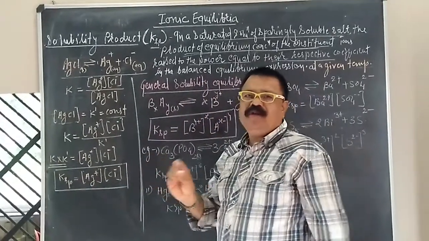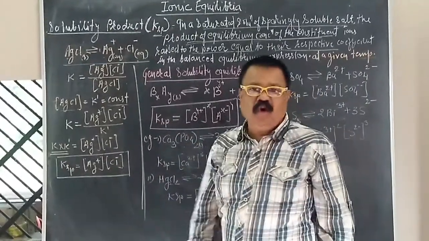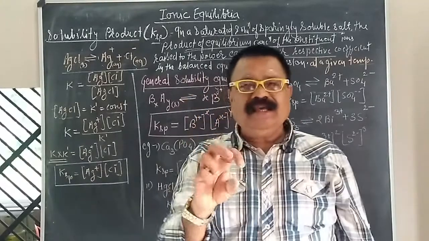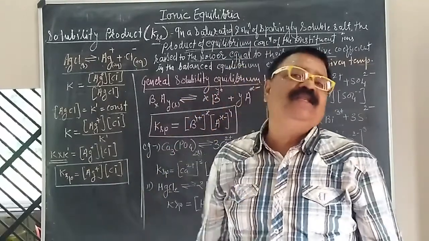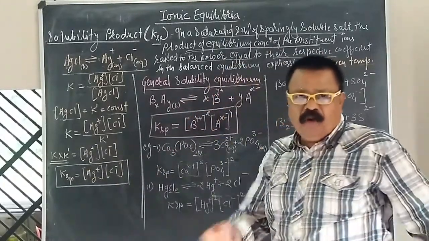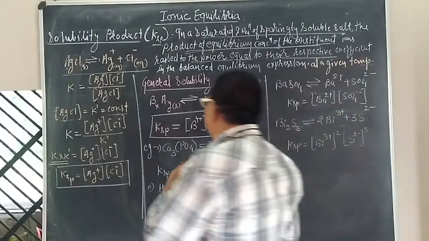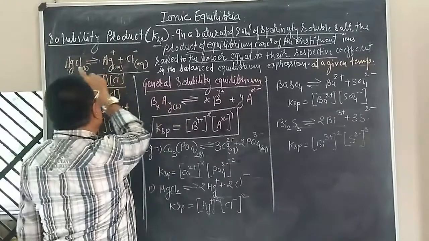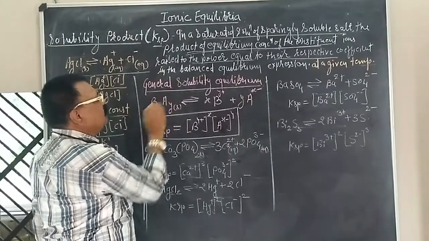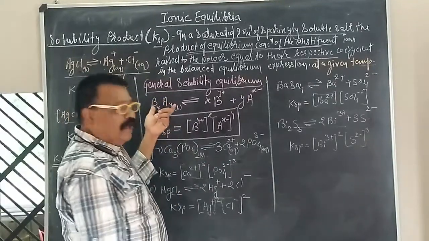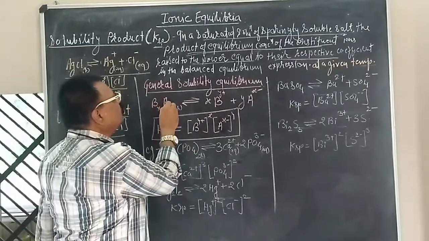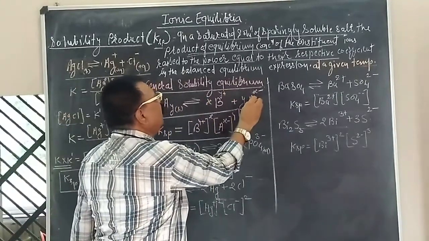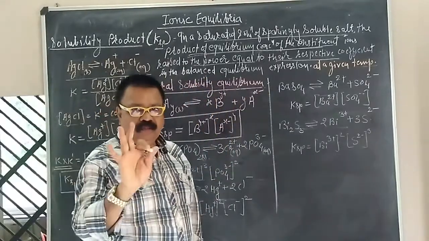Now let us look at the generalized form, because the definition given is related to the generalized form. See, if I consider that BA is the salt, like I took AgCl, say BA is a salt which dissociates into B positive and A negative. Clear?